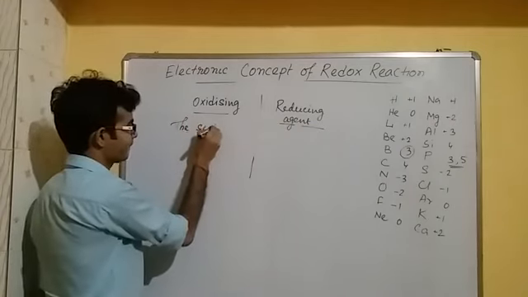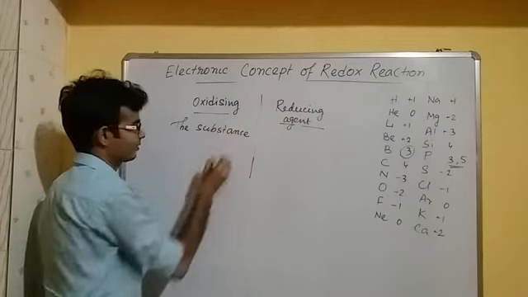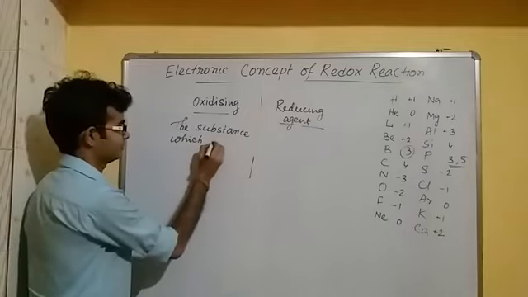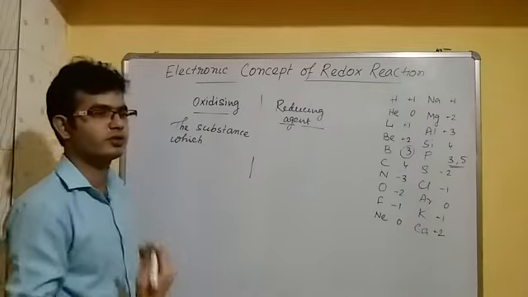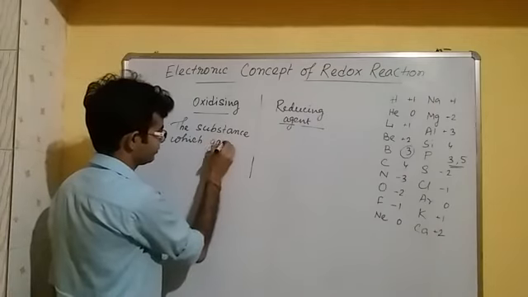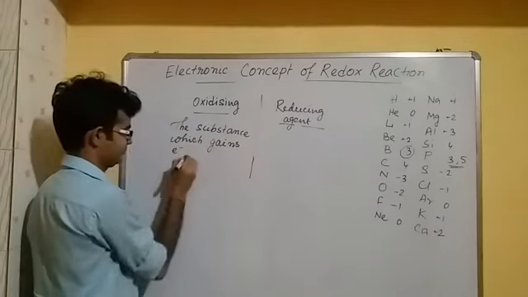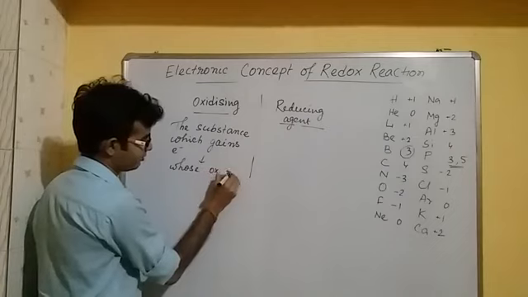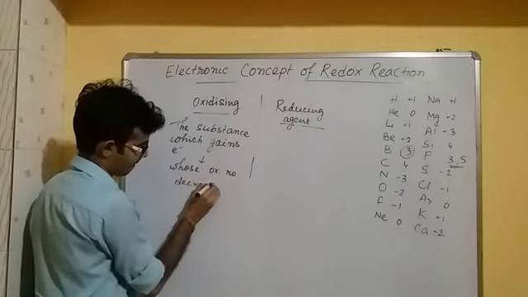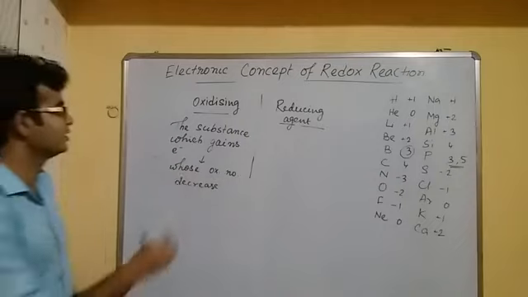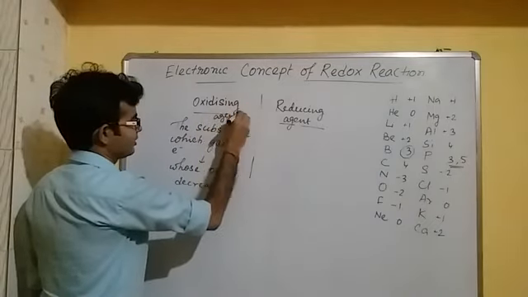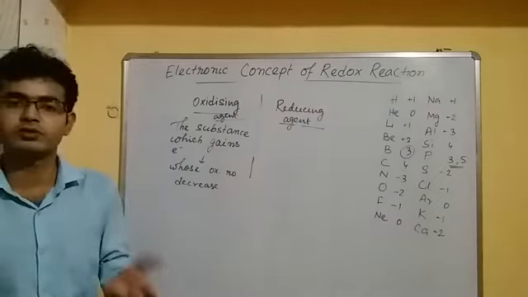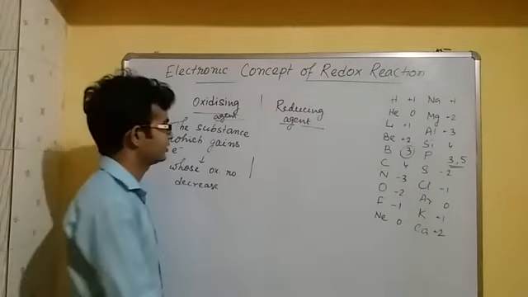The oxidizing agent is the substance which gains electrons, meaning whose oxidation number decreases. Oxidizing agent is that substance which gains electrons and which results in the decrease in oxidation number of that compound, or you can say of that element.